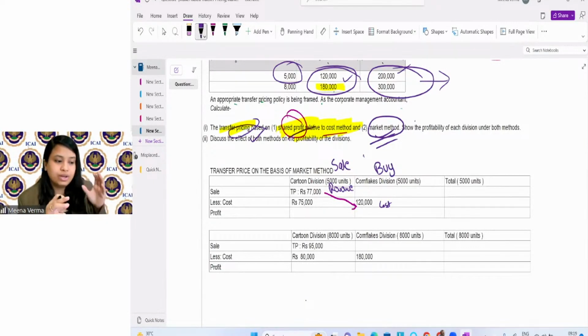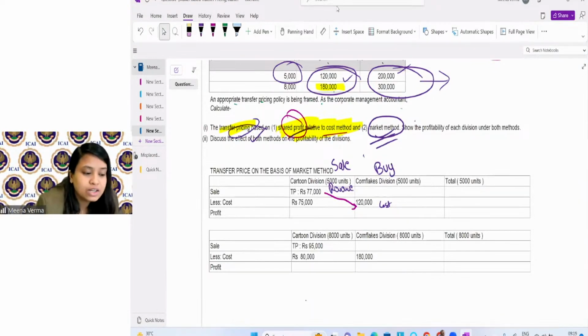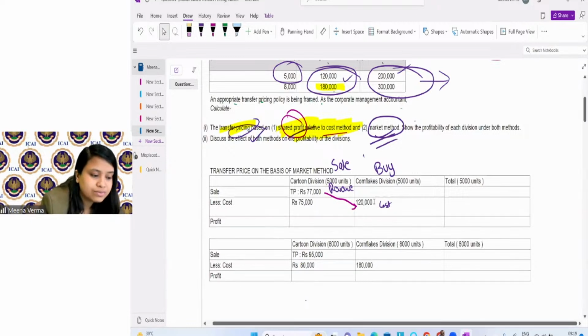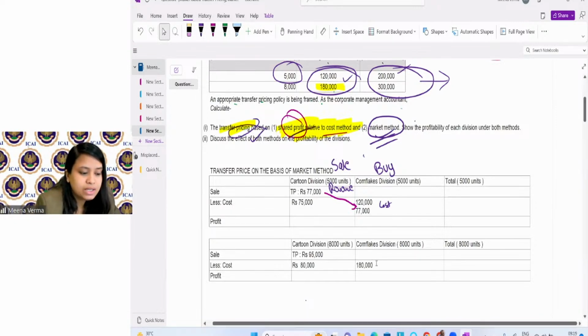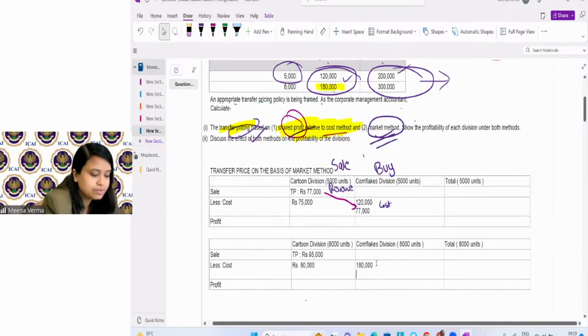So the cartons division is selling the cartons, so it is revenue for them. The cornflakes division is buying the cartons, so it is cost for them. So the transfer pricing, which we are deciding on the basis of market, will be cost here. So 77,000 is the cost here, and similarly here the cost will be 95,000.